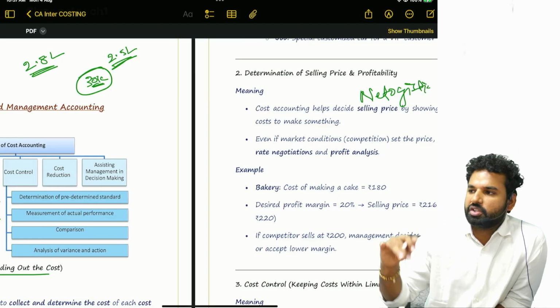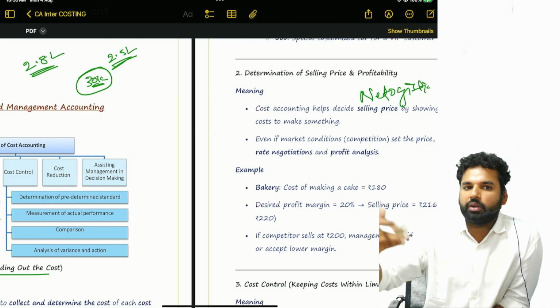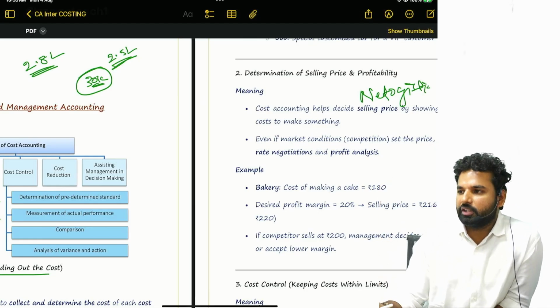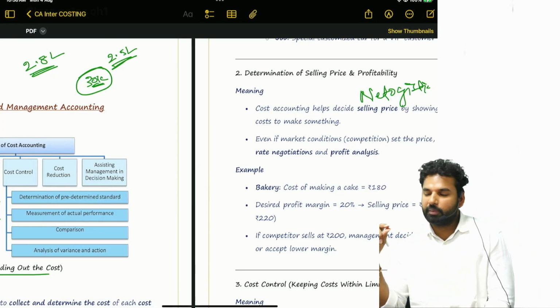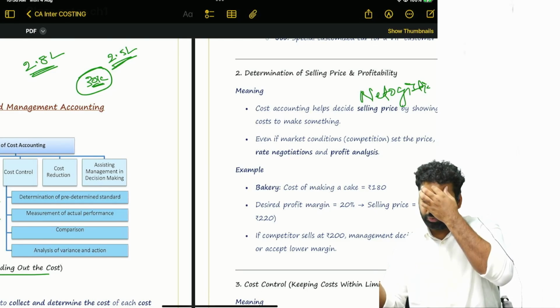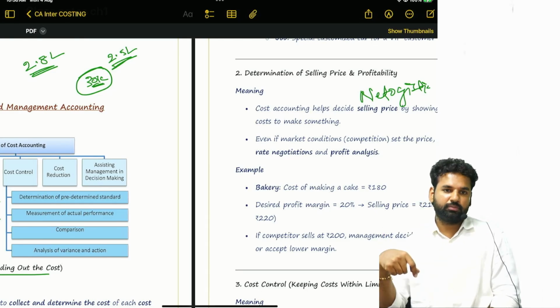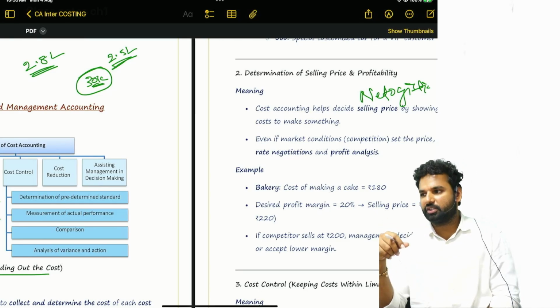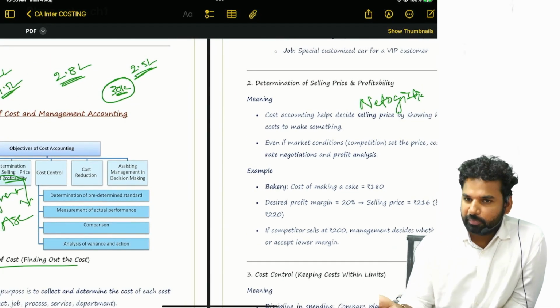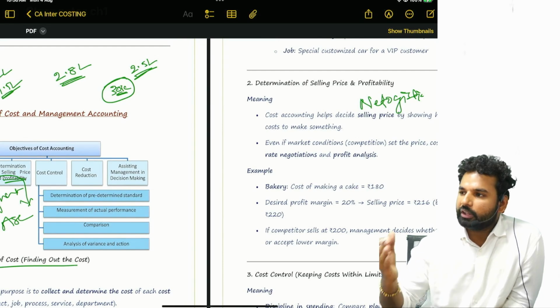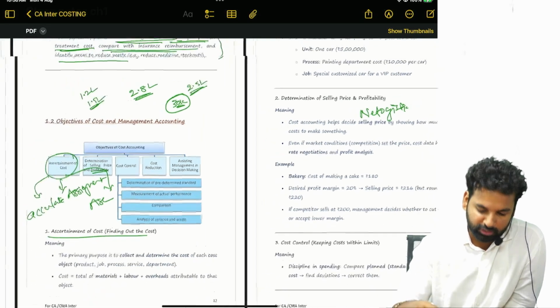So whenever the cost is increasing, okay, you will go to your supplier and you talk to the supplier that this is the cost we are incurring now. So if we are purchasing our raw material at this price from you, so it will not reach us. So we are not having margins. Okay, we will go to the supplier and we will renegotiate. Okay, prices. So in that way, it will help in fixing the selling price, fixing the profitability, and doing the negotiations. Okay, and closing the deals.